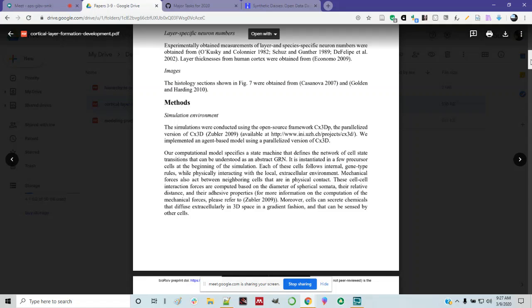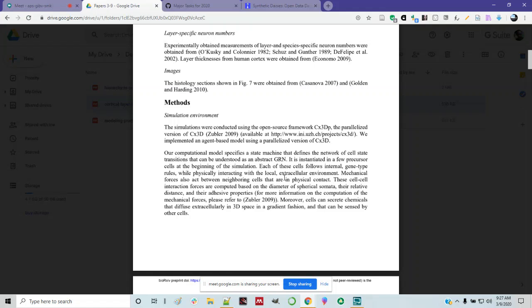It's some sort of open source software that they're using for this. They implement an agent-based model using a parallelized version of this program. So they actually use genetic regulatory networks as a base. So each cell will have a genetic regulatory network, which is a series of genes, and then they have an expression of something.